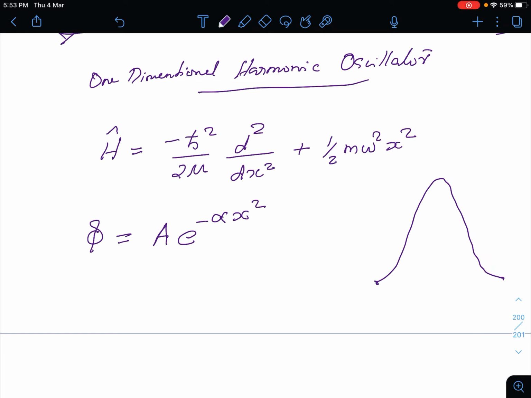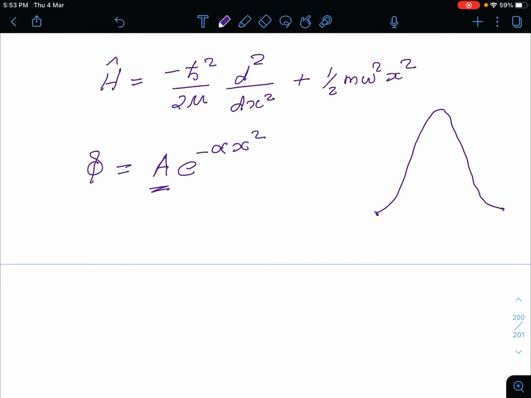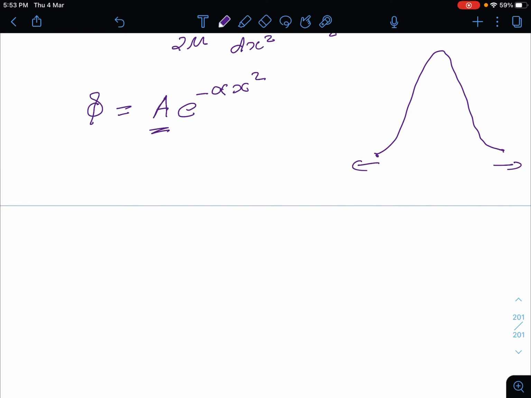Now, first of all, we have to normalize this. You have to find out the value of A. How to normalize? Let's make that into 1. It goes to minus infinity and it goes to plus infinity, so the limits should be these.